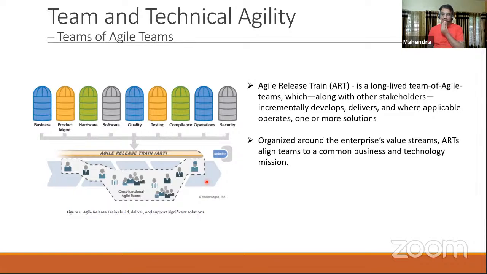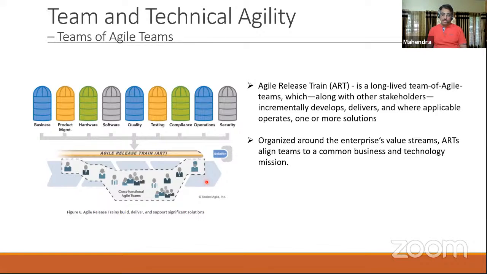Agile release trains align to a common business and technology mission. So if one belongs to the retail bank value stream, then we know that we are catering to the retail business of the entire enterprise. That is how SAFe is organized. This is fundamental. Agile release trains cater to a particular value stream, and all the teams belong to that particular agile release train.